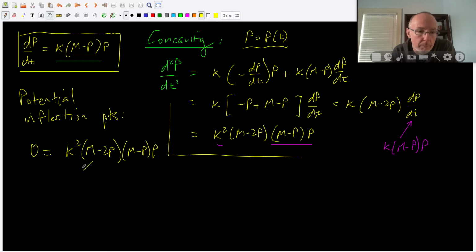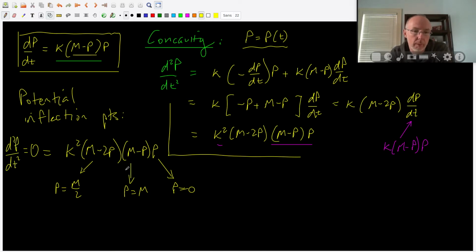And there are three of them. From here, the population is m over 2. From here, the population is m. From there, the population is equal to 0. Right? These are the places where the second derivative is equal to 0, and so they're potential inflection points.